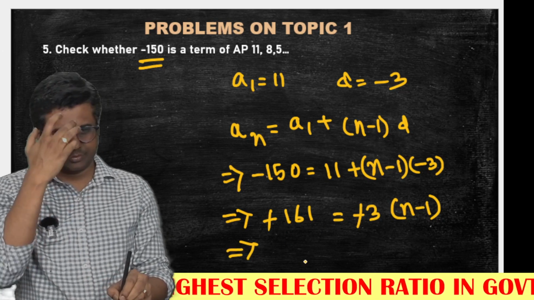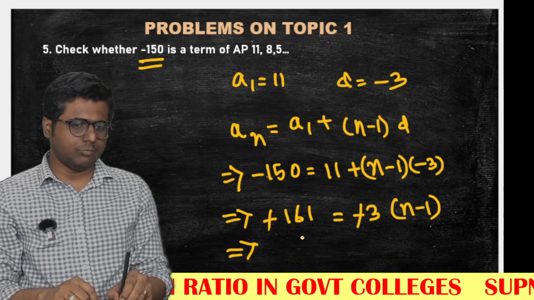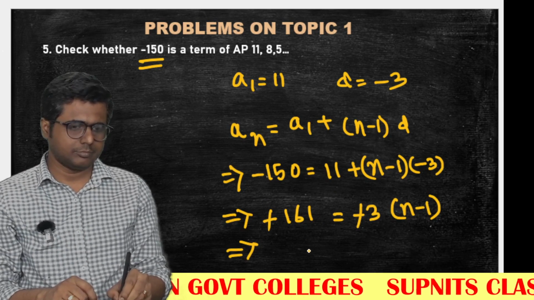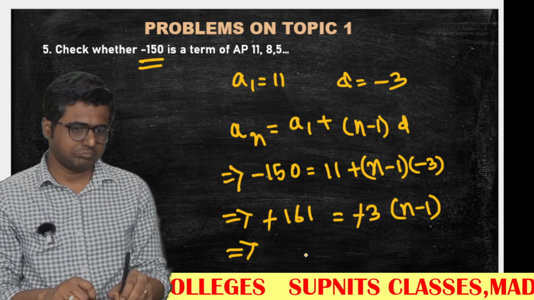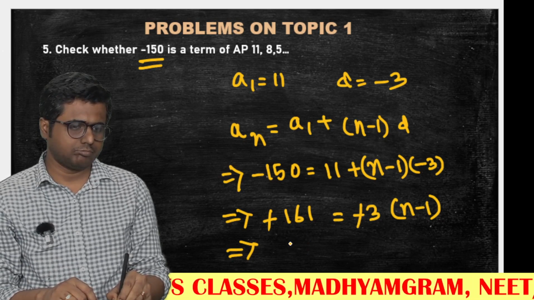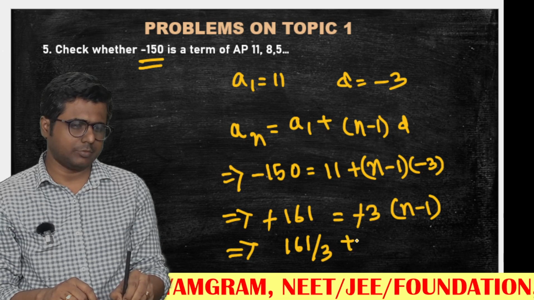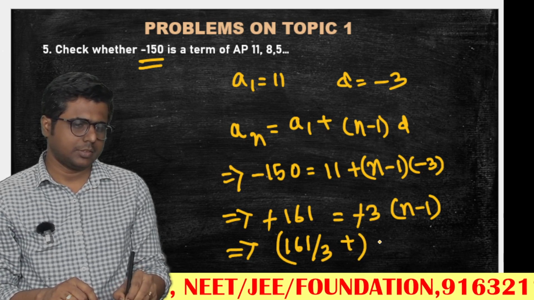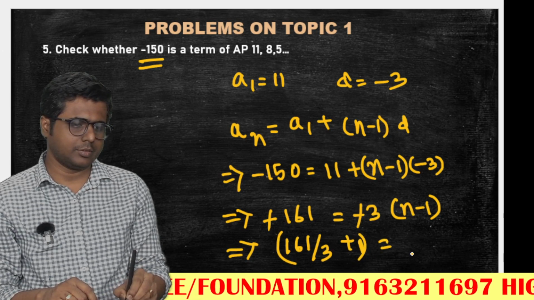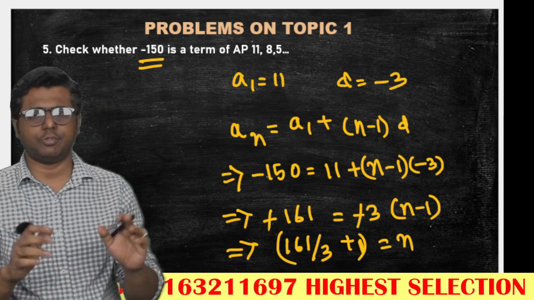So, if you divide this, you have to find out what it comes. 161 by 3, I do not think it is divisible. So, this will be 161 by 3 plus 1, that will be N. So, N over here is coming as a fraction, that is for sure.